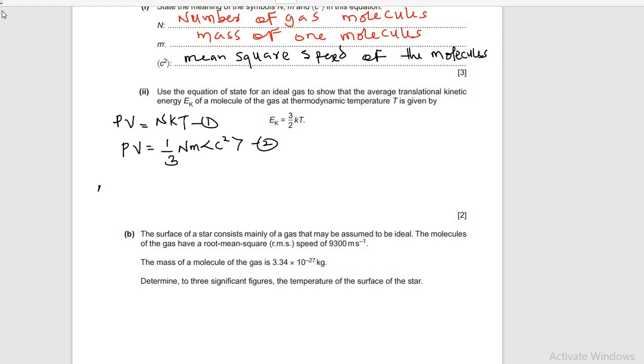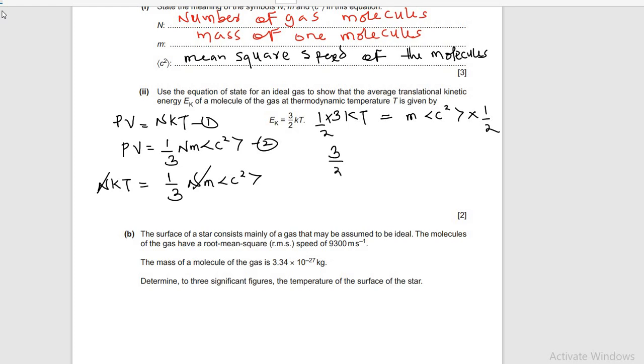We have NkT equal to 1/3 Nmc squared. So big N cancels big N. When you cross multiply, we have 3kT equal to mc squared. Multiply both sides by half. So we have 3/2 kT equal to half mc squared, which is translational kinetic energy. That's the proof.